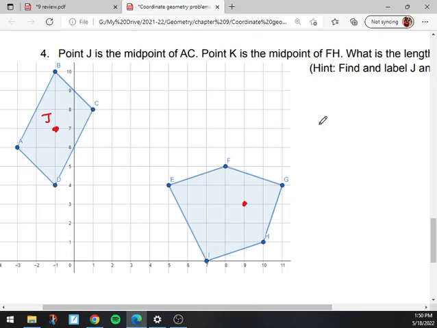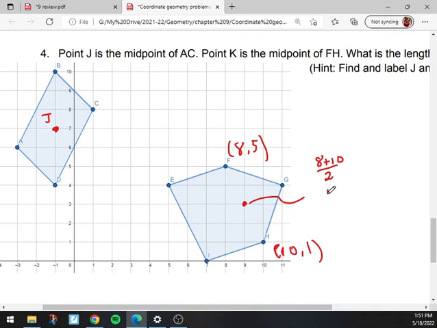If I was trying to use evidence, I could always say, well, this is at like 8.5. This is at 10.1. And I could use the midpoint formula, which says you add up the x's, so that'd be 8 plus 10, and you divide them by 2.